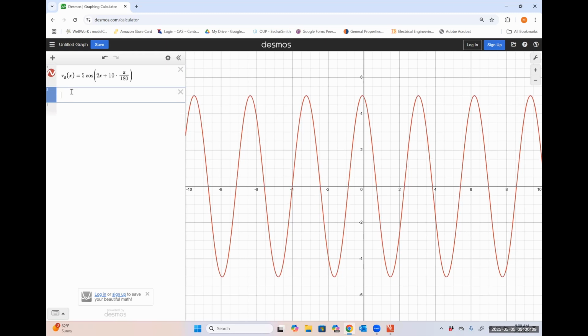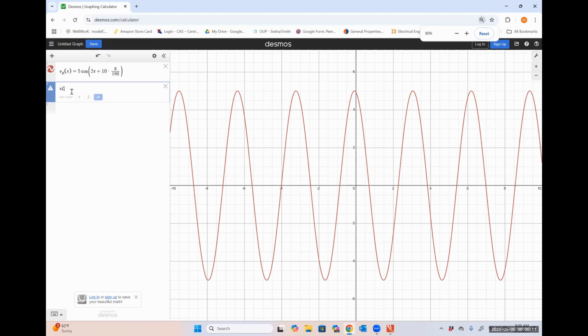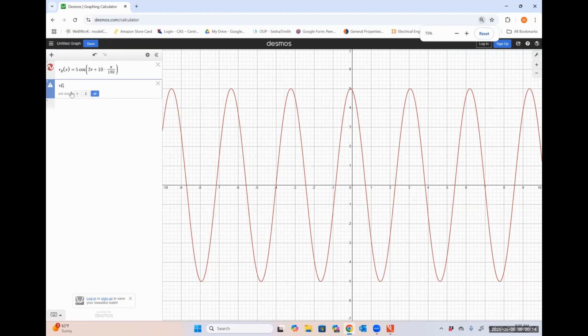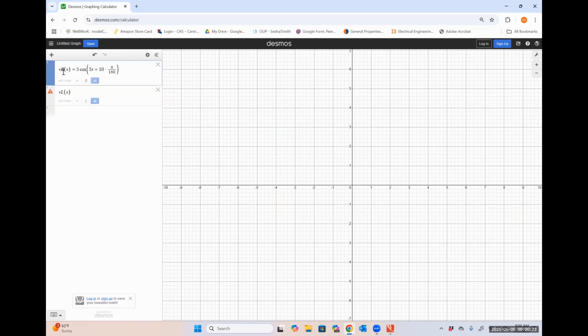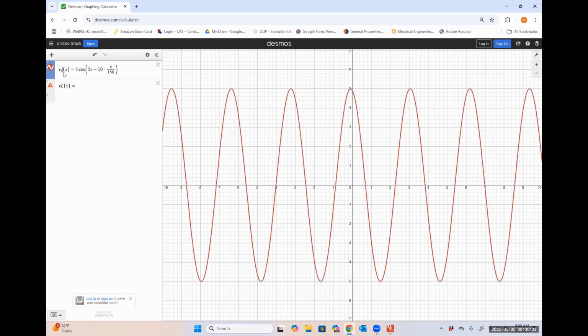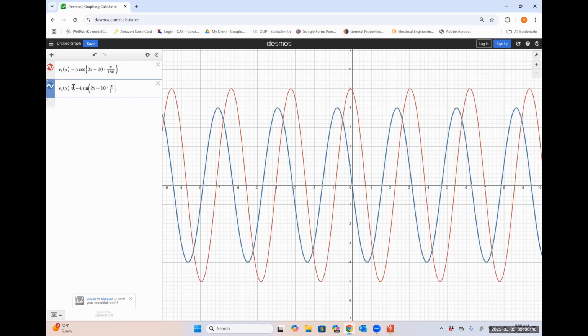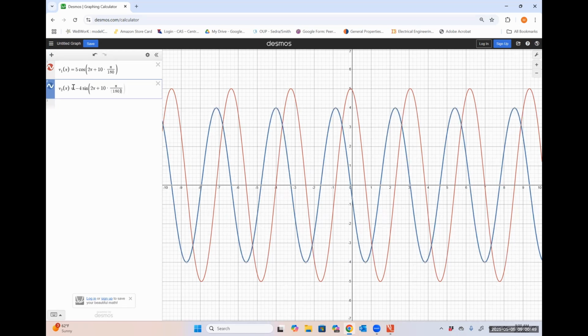And I'm going to say that VL of x, okay, I'm going to do V1 and V2 because it's not liking what I was trying to do with letters and subscripts. So this guy was negative 4 sine 2x plus 10 times pi over 180. Okay, so I have those two signals.